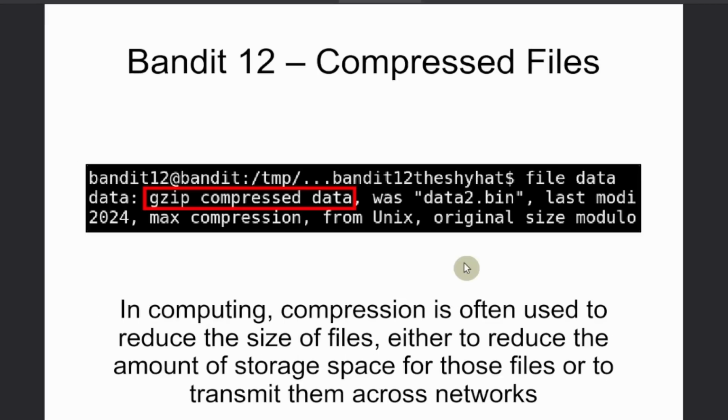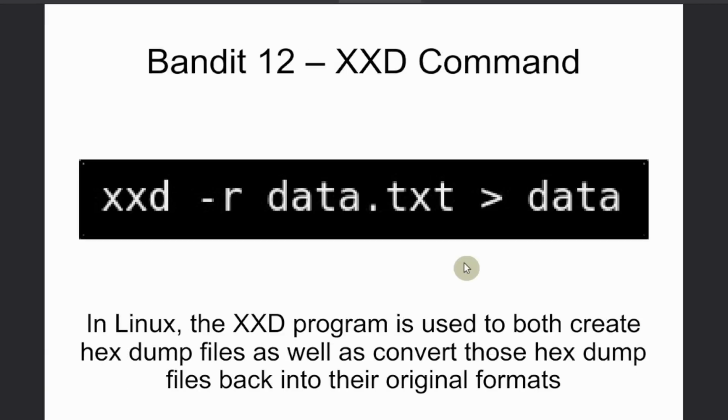So hex dump files are basically files that are turned into their hexadecimal equivalents, and it's kind of a transformation of the file contents into hexadecimal format. And the reason why you do this is for analysis purposes.